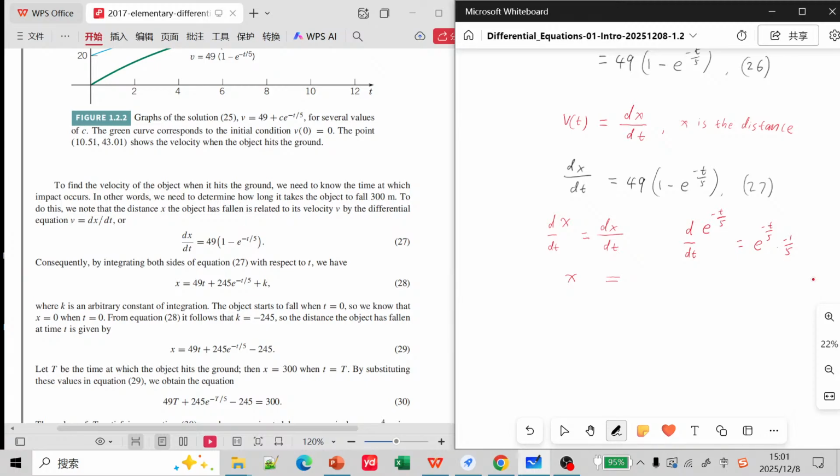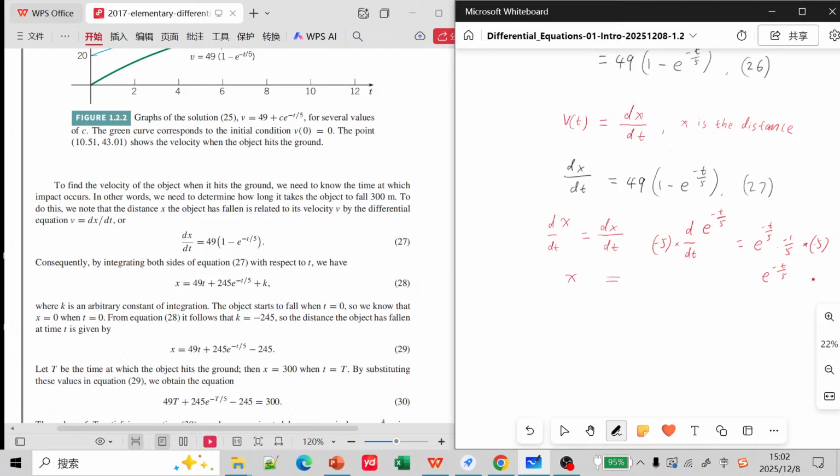So we multiply by minus 5, and here is also minus 5. On the right hand side, it becomes this thing, right?